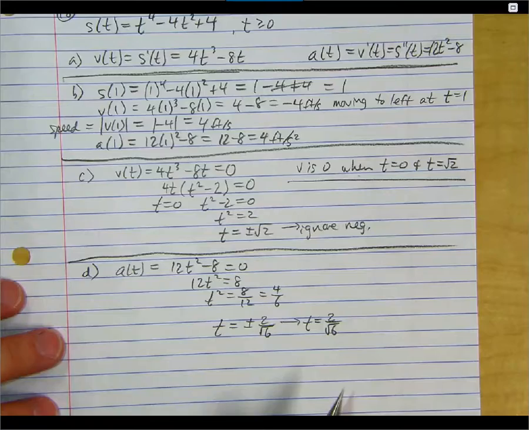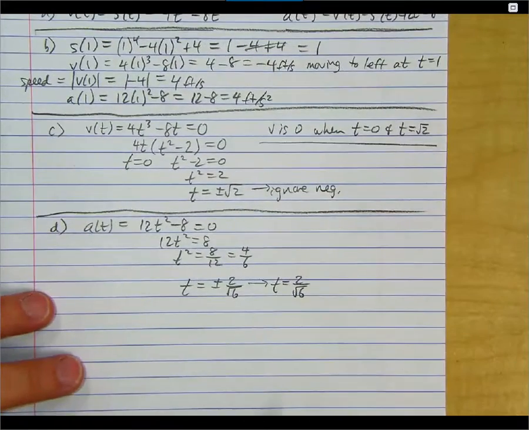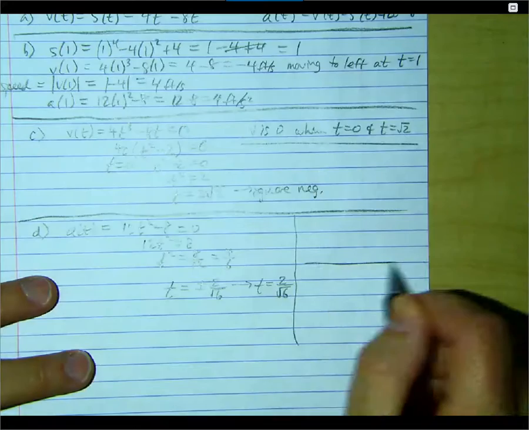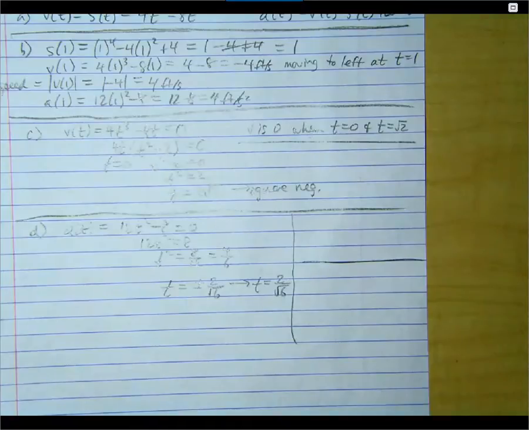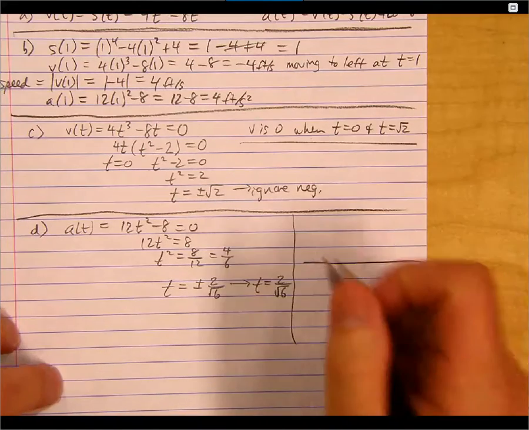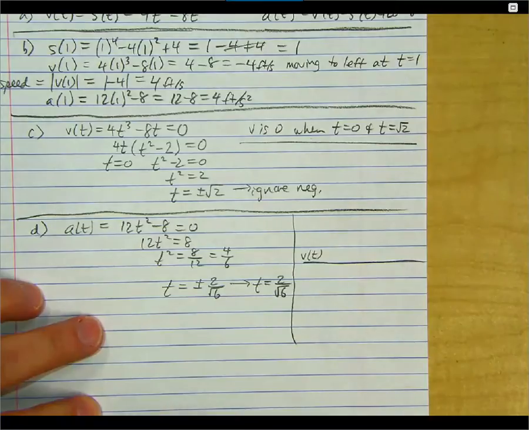All right, now that we have both of those, we're going to want to put those together on wiggle graphs. So I'm going to go down here. Maybe I can use this space right here. Let me get the lights turned back on. Hang on a second. All right, we're back at it. So let's put velocity on this first one. And I like to leave a little bit of space.